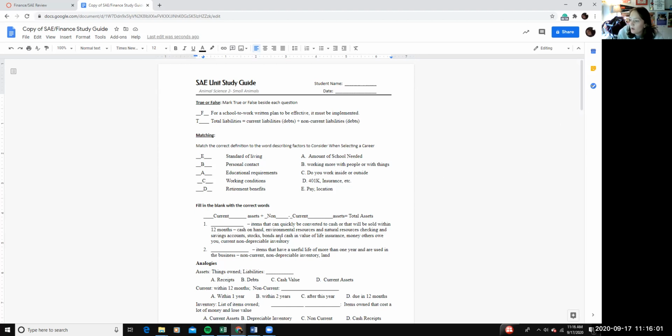All right, number one, let's look at this. Items that can be quickly converted to cash or will be sold within 12 months. Some examples would be cash on hand, environmental and natural resources, checking and savings accounts, stocks, bonds, cash value of life insurance, money others owe you, and then current non-depreciable inventory.